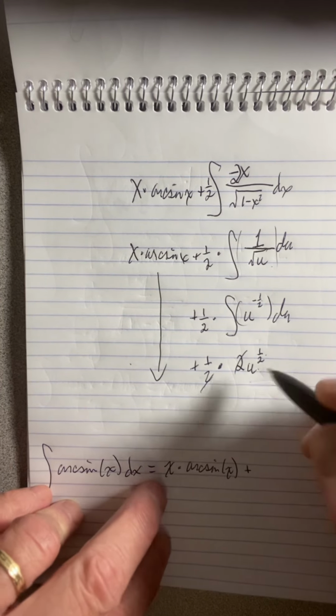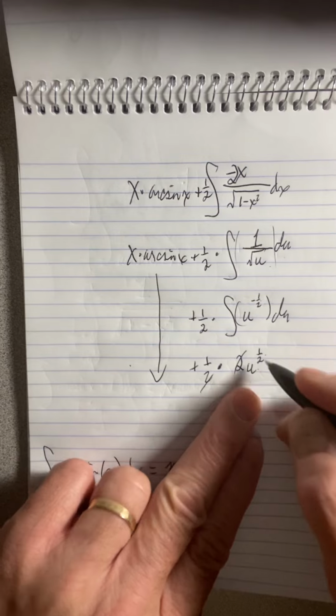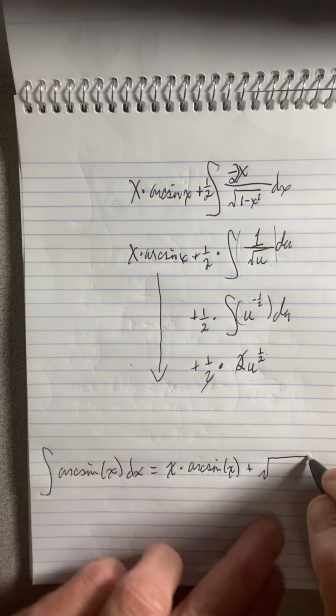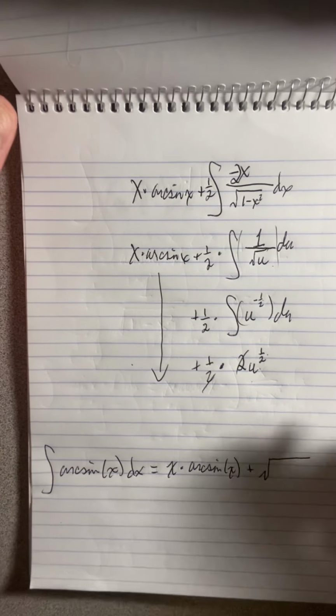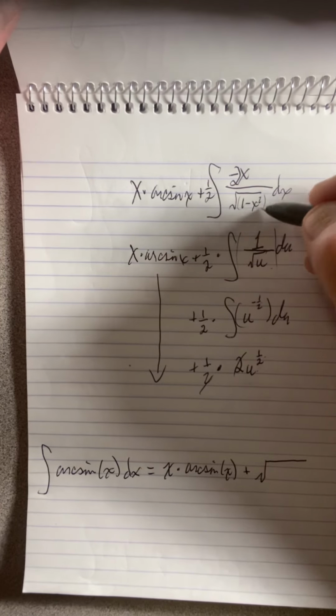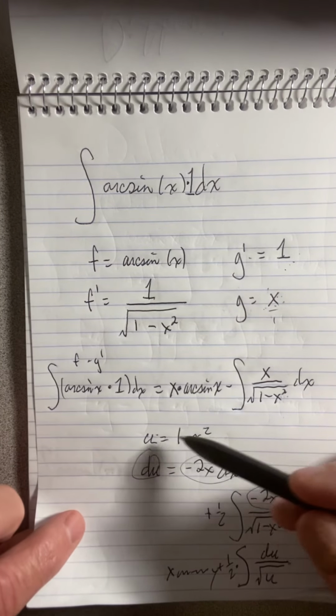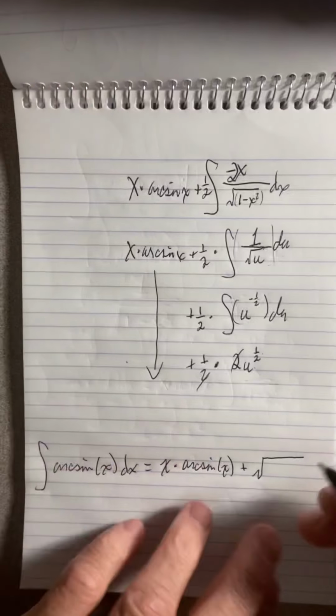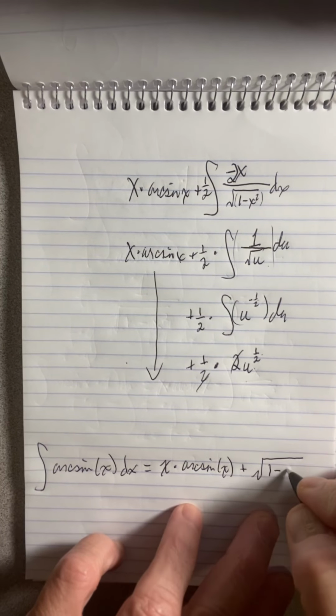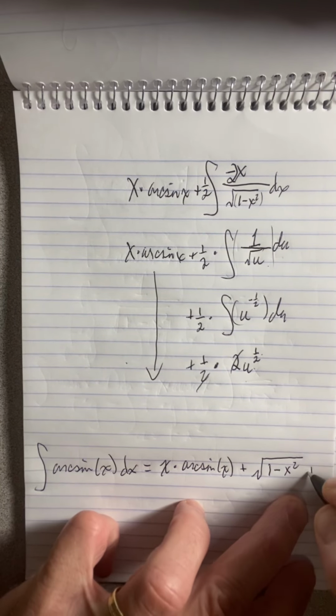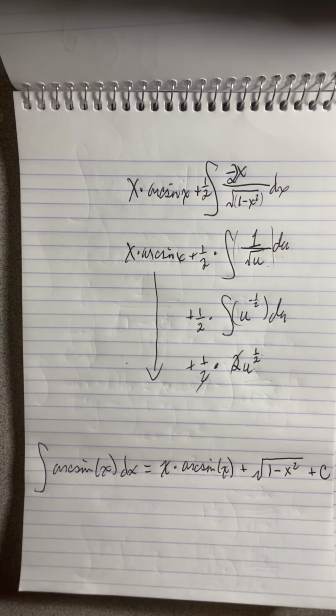Well, that means I have u square rooted, because raised to the 1/2 is the square root of u. But remember, what was u? Oh yeah, we let u be this radicand all along. We let u equal 1 minus x squared. So we can interchange u with 1 minus x squared. And don't forget your plus c.